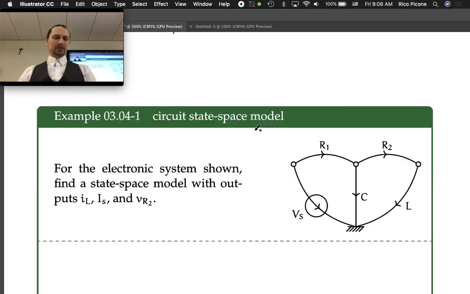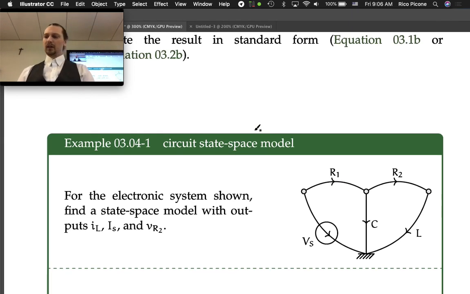So we were about to do an example of the derivation of a state space model for a circuit from its linear graph model, right? So we're starting with the linear graph, which we learned about how to do last chapter.